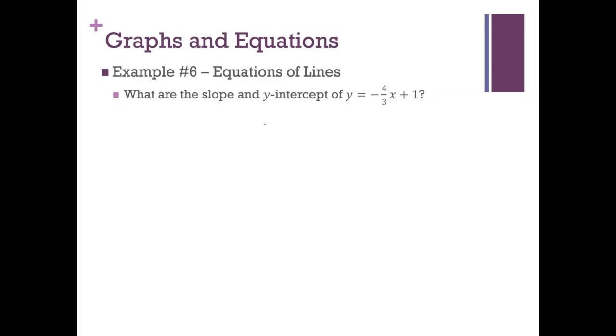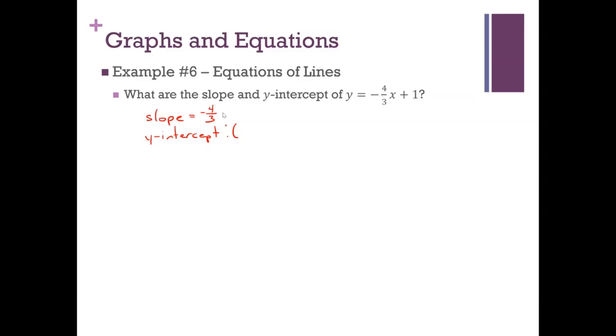So now that we've seen that, I should be able to ask you things like this. We should be able to answer this without having to draw any graphs or do any calculations. What's the slope here? -4/3. Whatever the coefficient of x is, whatever the number is, I'm multiplying by x.